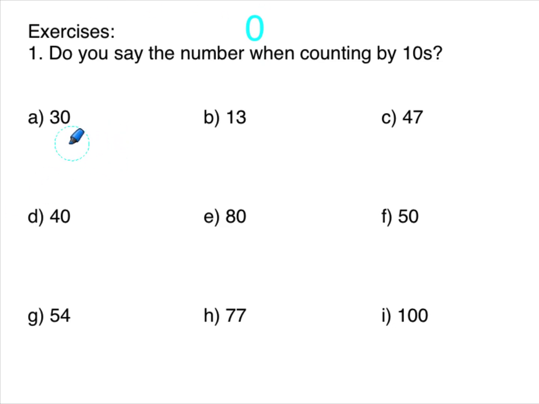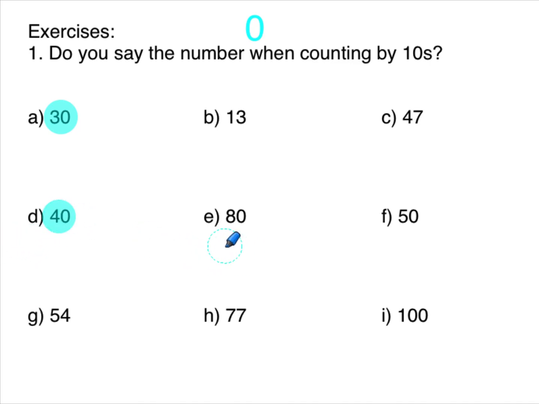So when we're counting by tens, do we say 30? 10, 20, 30. Well, it ends with a 0. Will we say 13? Does it end with a 0? Nope. How about 47? Doesn't end with a 0. 40?